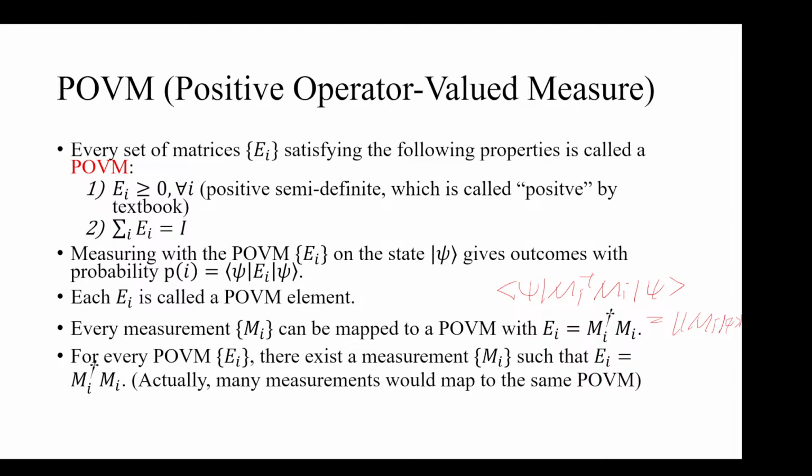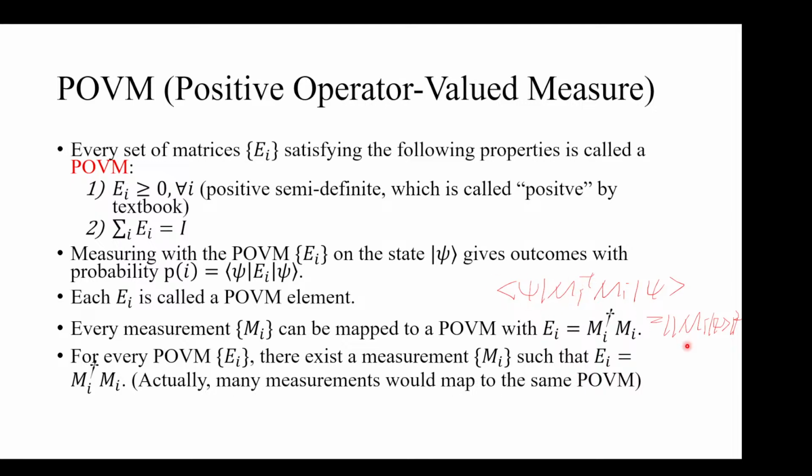Sorry, this is a little small here. This thing is the norm squared of M_i psi, because this part is the dual of M_i psi. When you take the dual of M_i psi, you turn psi into the bra psi and M_i into M_i dagger.